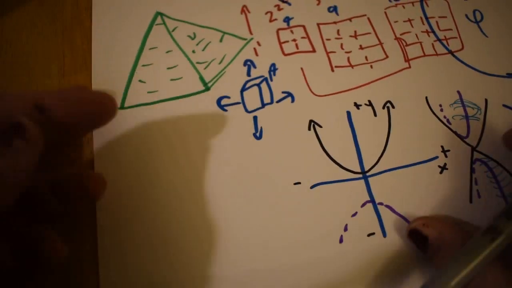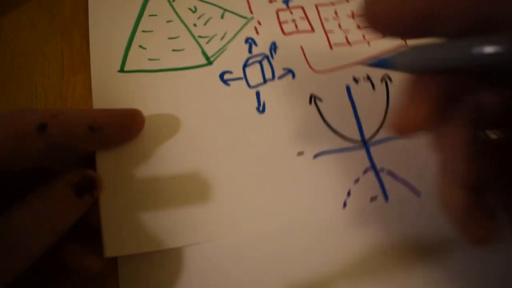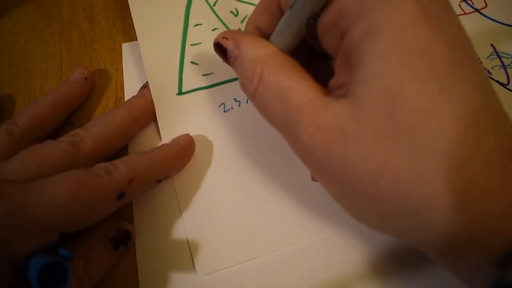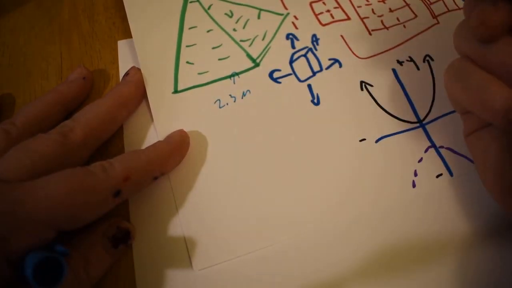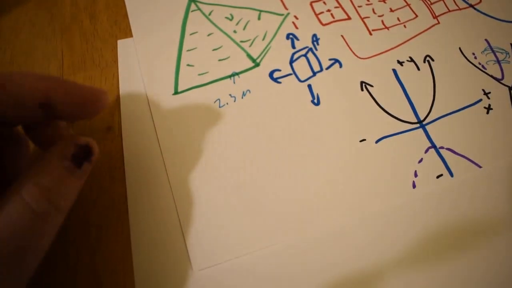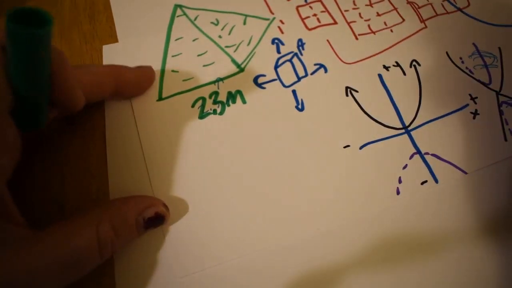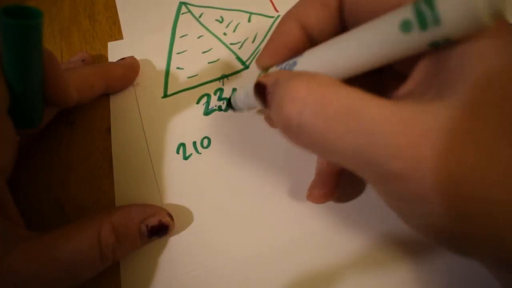But when I was talking about the pyramid, I was looking at these sequences of squares, and I said, okay, there's approximately 2.3 million blocks in the pyramid. And there's 210 courses.